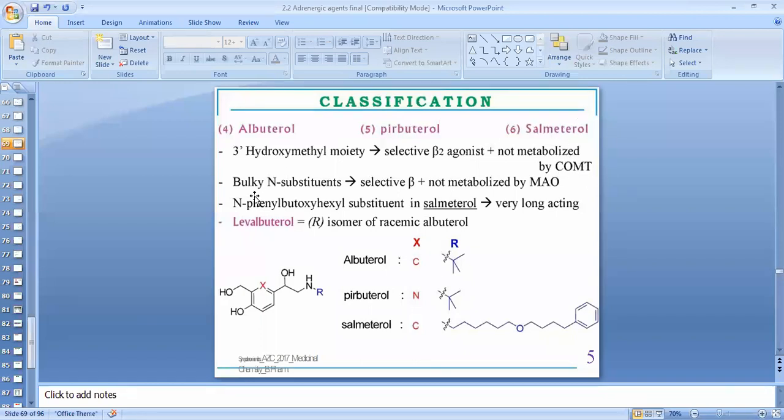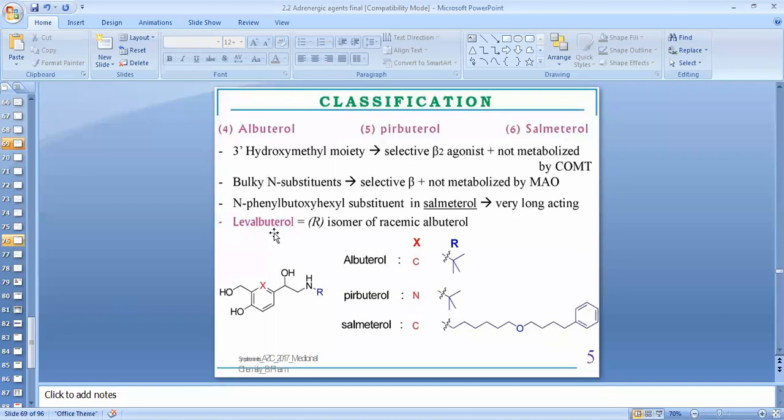If we change the substitutions, that is, if we substitute bulkier nitrogen substituents in the case of this R, they are selective for the beta receptor as they are not metabolized by monoamine oxidase enzyme. The N-phenyl beta-oxidase substituent in salbuterol makes it very long acting, because the substitution on the ring is a much bulkier group.